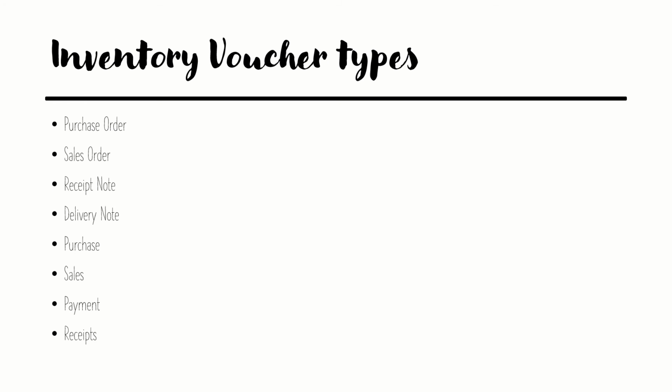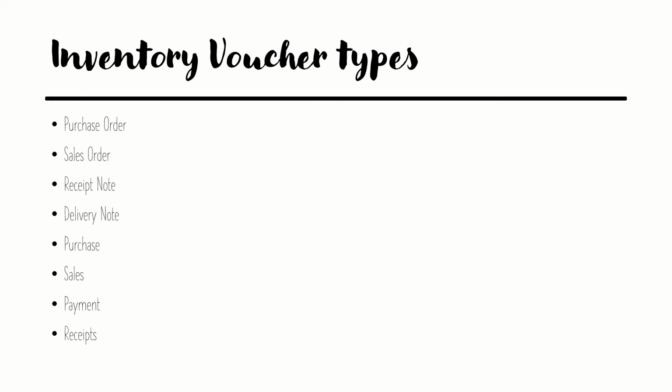So what is supply chain management? It starts from the supplier and ends with the consumer or customer. In between we have too many layers: the upstream segment, the downstream segment and the internal segment. Tally ERP covers all these areas.